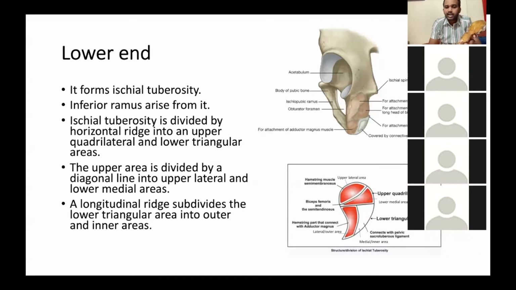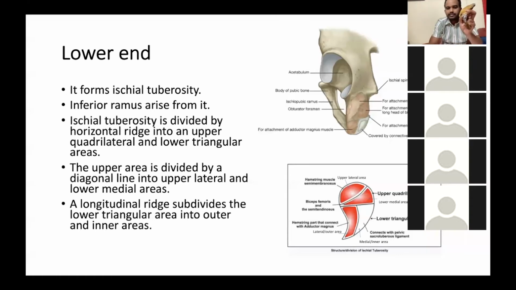Then a longitudinal ridge subdivides the lower triangular area into outer and inner areas. Again, this triangular area is divided into outer and inner areas.